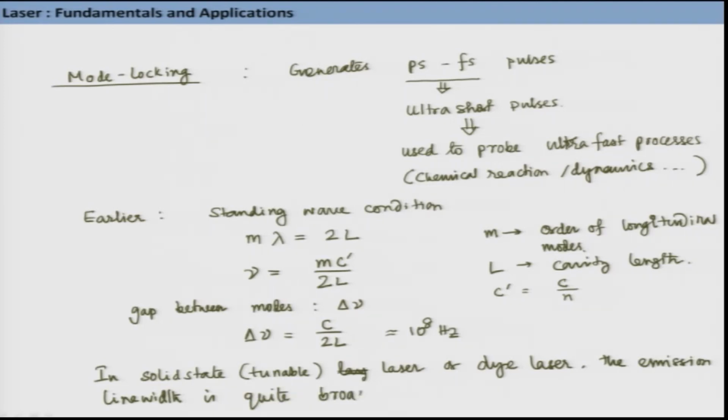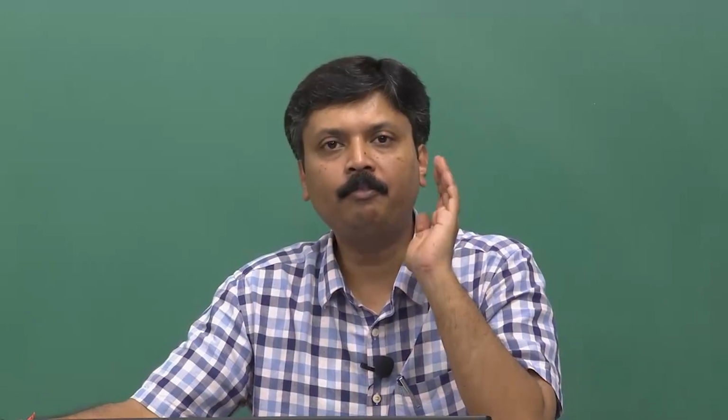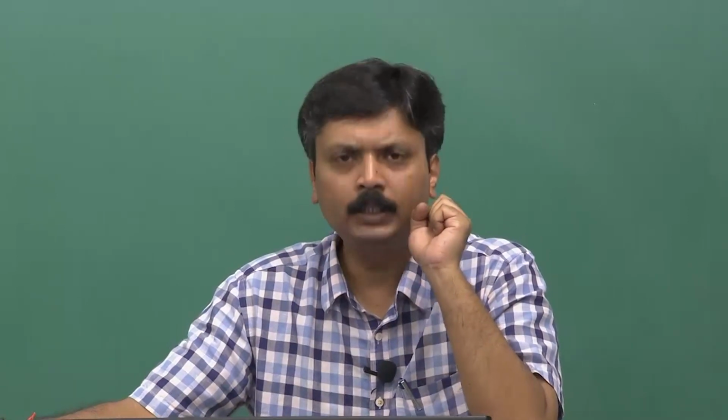If you are familiar with fluorescence spectroscopy, and if you have seen the fluorescence spectrum of a dye, say for example rhodamine, you will know that this is fairly broad. Their full width half maxima is in the order of tens of nanometers, which is really broad.